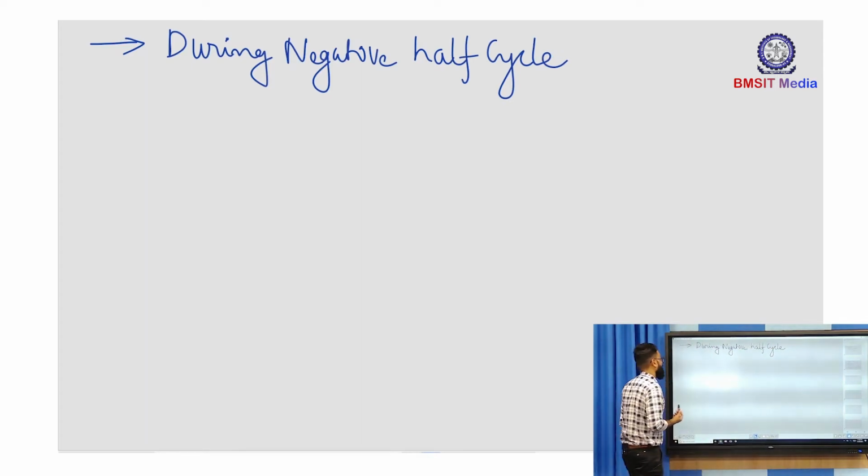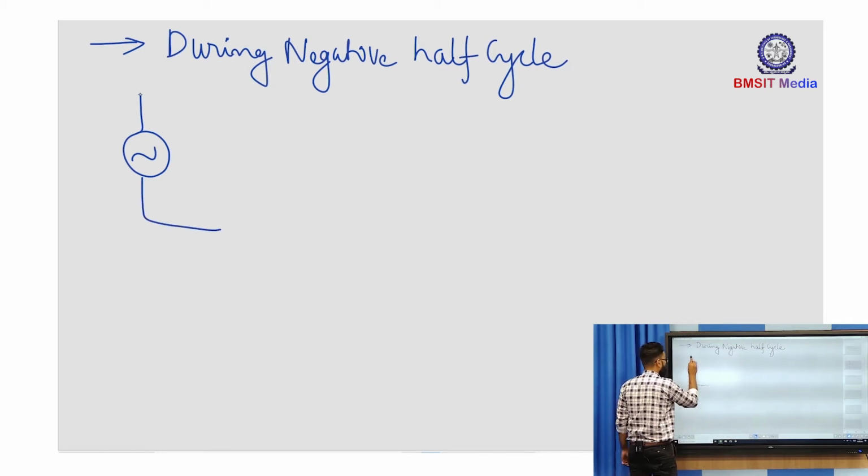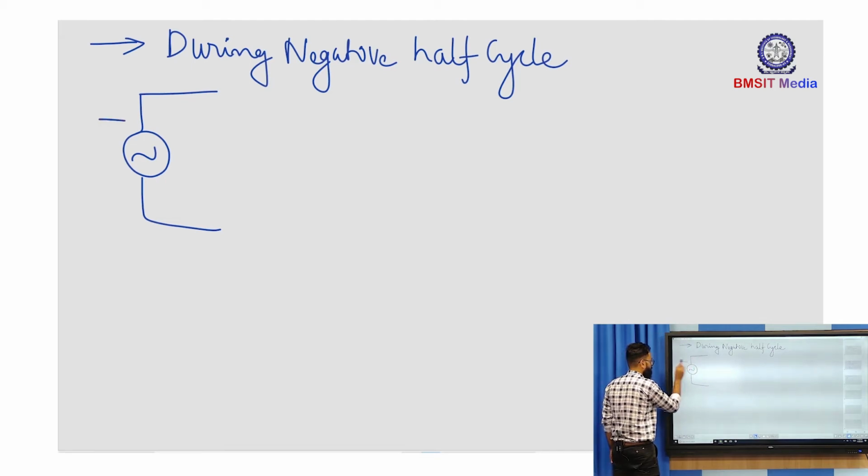Now let us consider the negative half cycle. So during the negative half cycle, what happens? All you have to do is reverse the polarity of the source. In the sense, now the upper terminal of the source is given a negative sign and the lower terminal is given a positive sign.